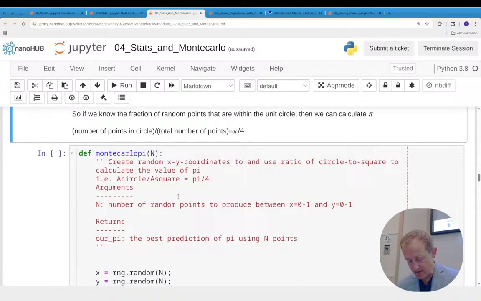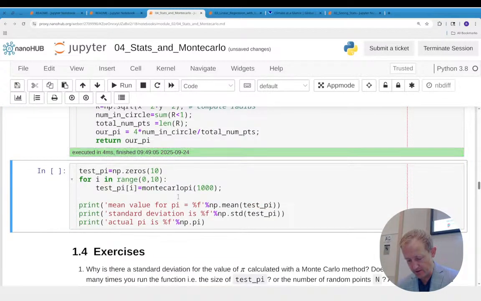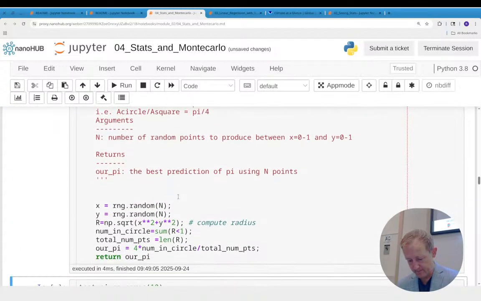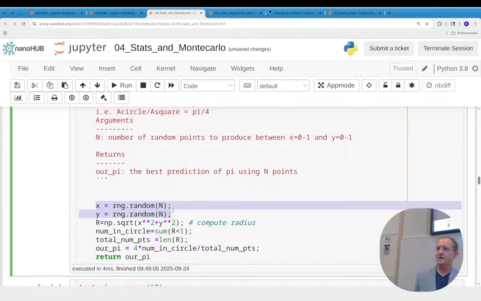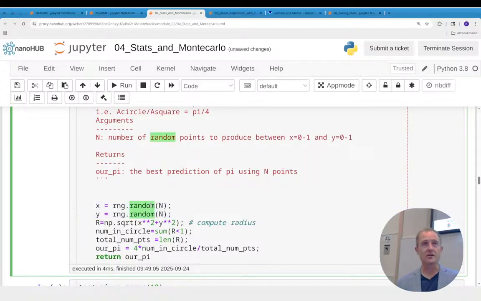And so I turned it into a function where I'm generating a random x and a random y based on some n, however many spots I want to create. Each of these is independently random, so x is going to create a different number than y. And that's part of the key.